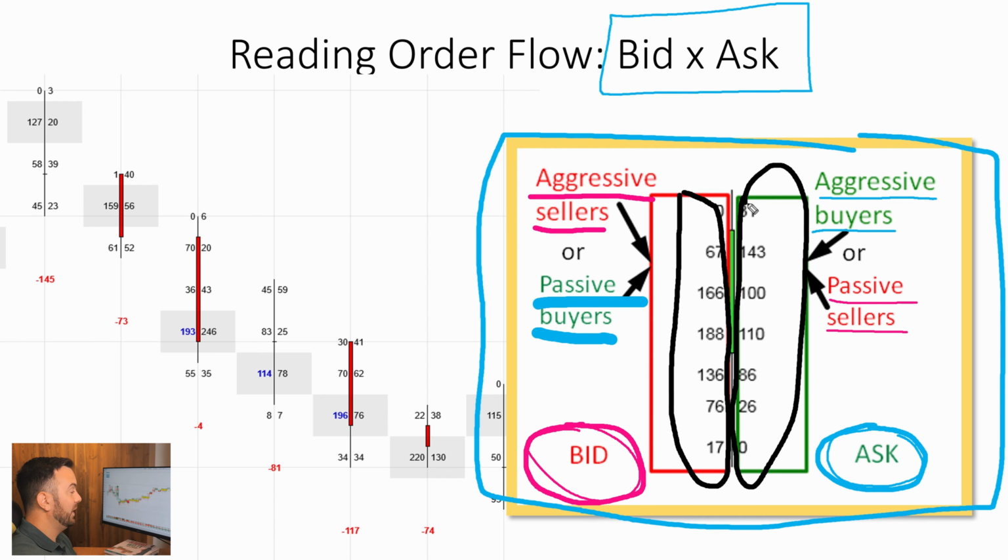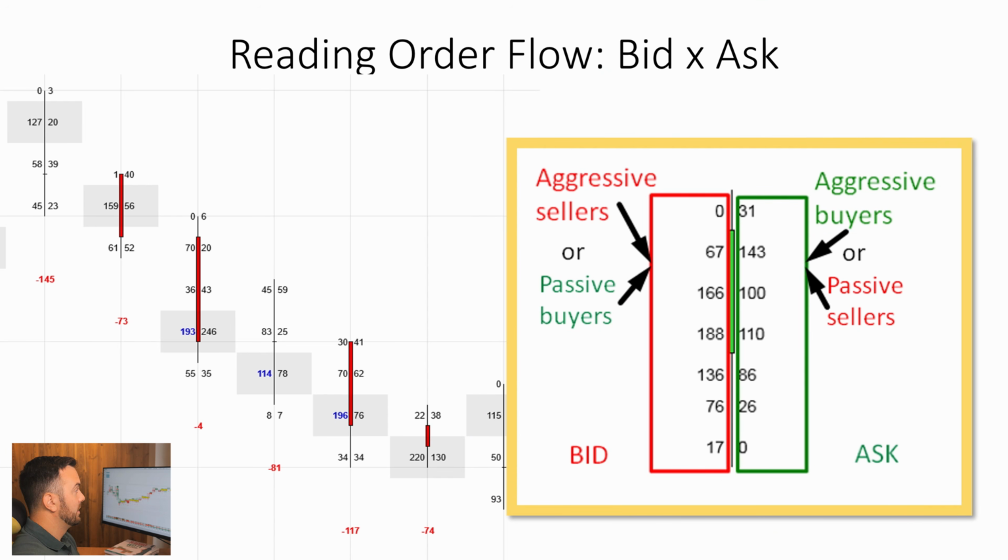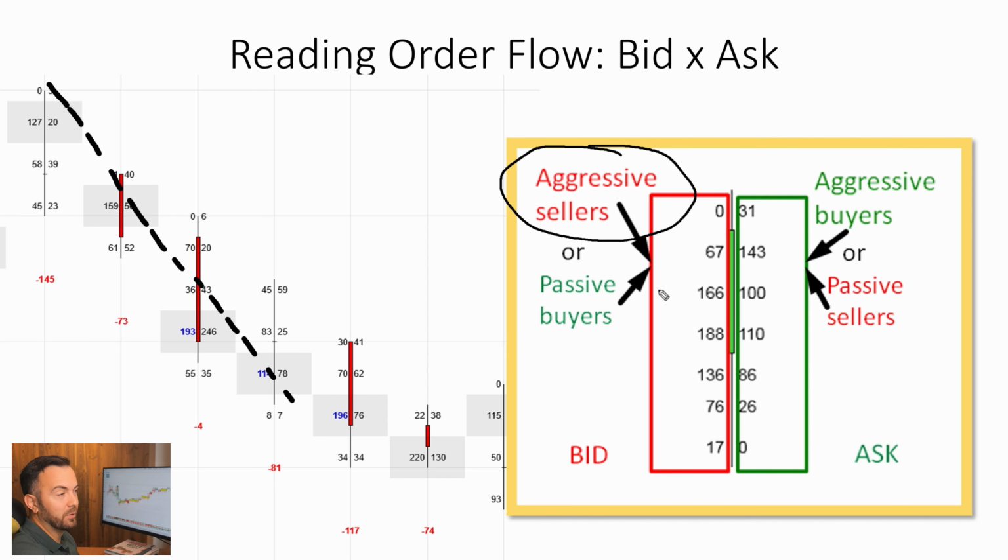Well, it's all about context, right? For example, if price is dropping in a downtrend like this, there's no support standing in the way, then the volumes which you see on bid are most likely aggressive sellers pushing the price downwards, right? Sellers using market orders.